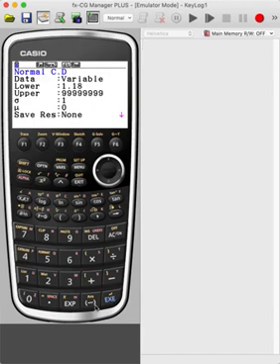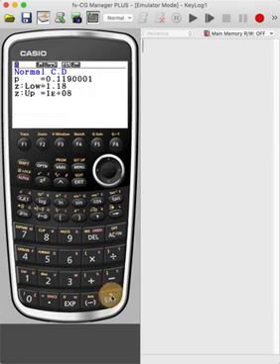I hit execute, and it tells me that the area above a z of 1.18 is 0.119, and the z-score corresponding with the lower border is 1.18. That confirms what we did already.